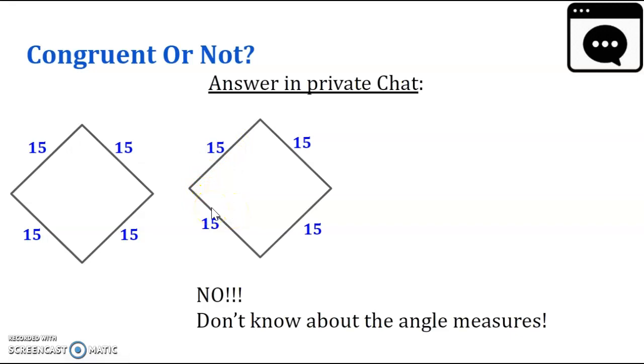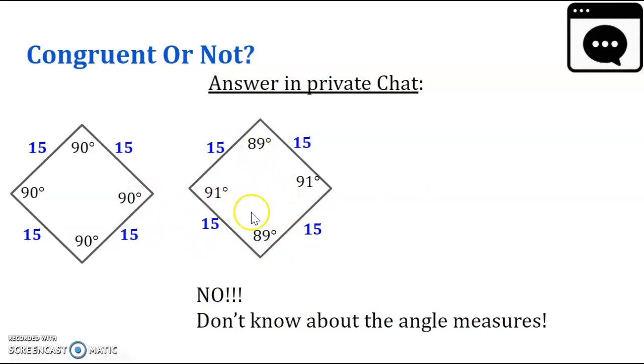But do you think your eyes are good enough to be able to tell that this was 90 degrees, but this actually was 89 degrees, 91 degrees, 89 degrees, and 91 degrees? Even though the side lengths were the same, you can still have angles that are different. So in that case, they are not congruent.